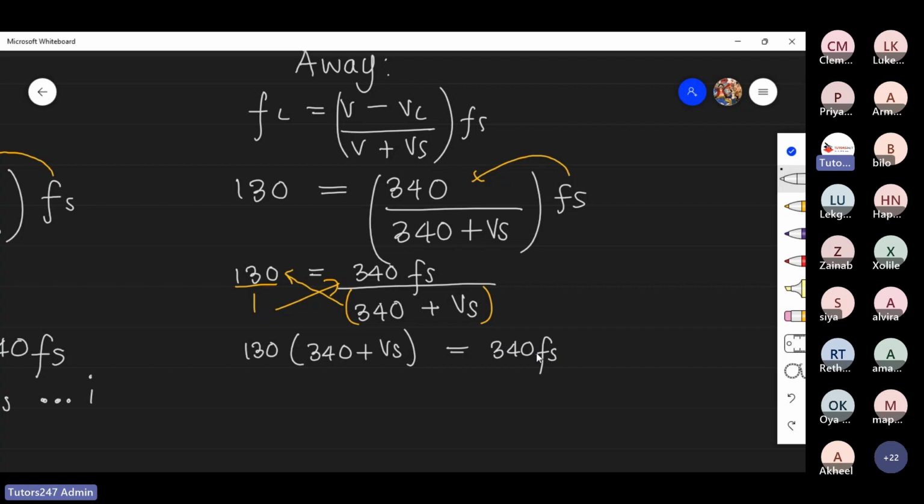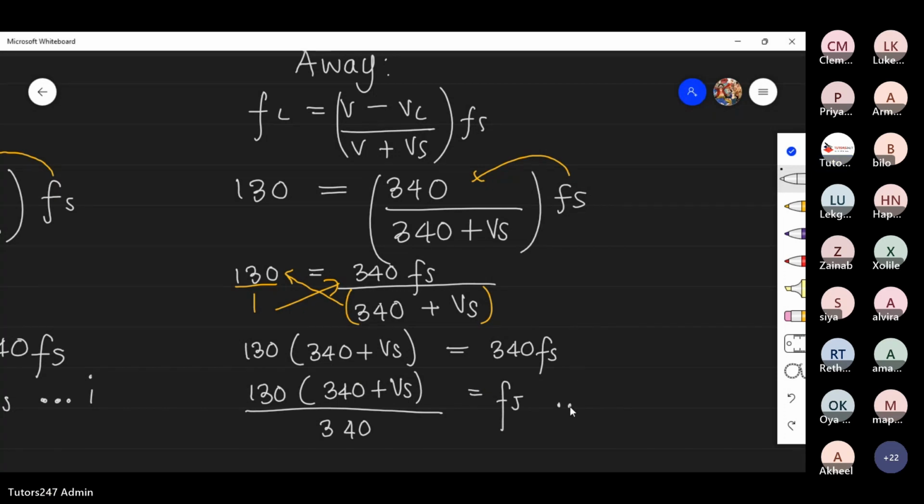From that point, I'm going to divide both sides by 340. That is going to give me 130 into 340 plus Vs all over 340, which is now equal to the frequency of the source. That is now my equation 2.